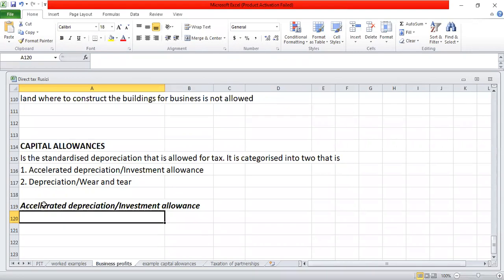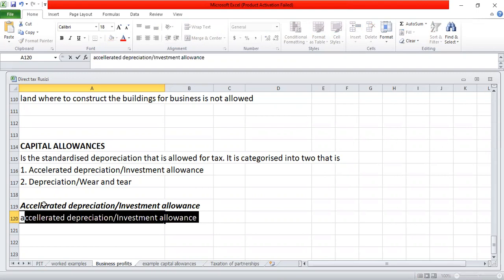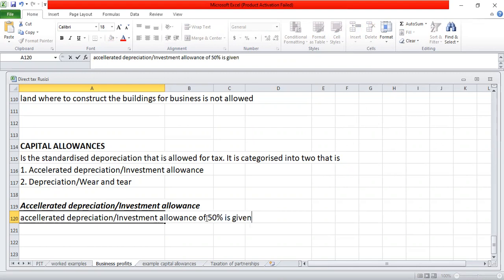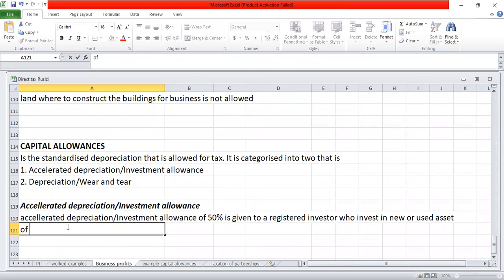We can say that an accelerated depreciation of 50% is given to a registered investor who invests in a new or used asset of 50,000 USD each.